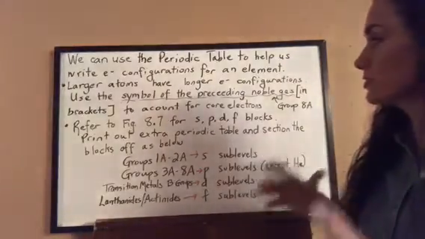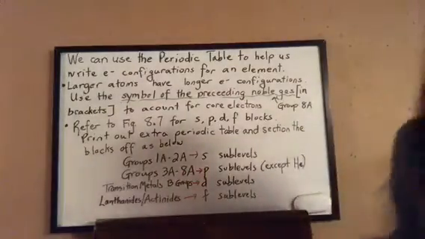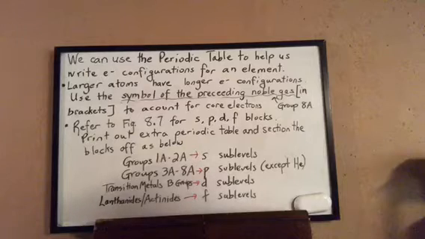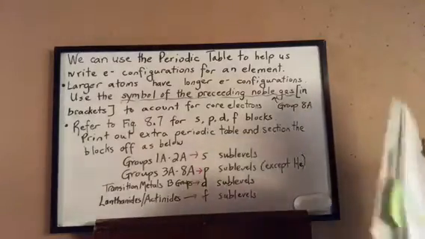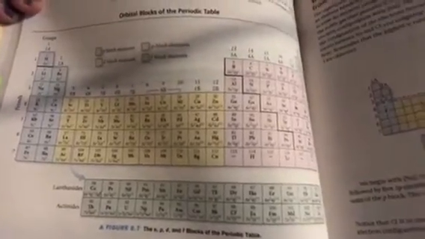But before we actually do examples, I want you to take a periodic table and refer to figure 8.7 in the textbook. And I want you to mark off that periodic table with certain blocks, okay? So figure 8.7 of your textbook looks like this. You have certain groups of the periodic table that are color-coded.